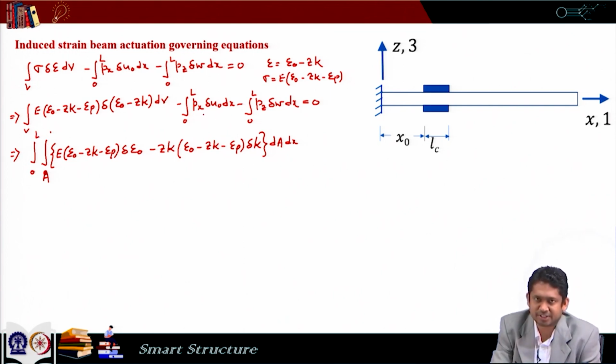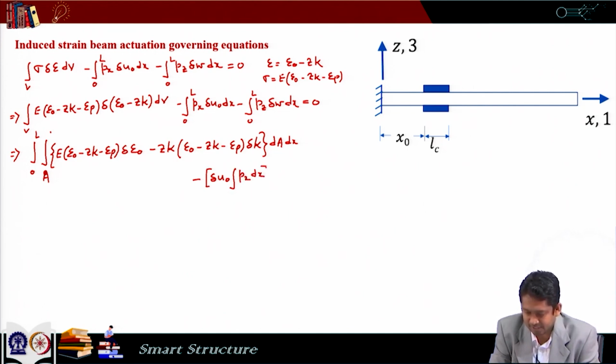Now, while treating this, we will do integration by parts here. So, let us take this first. We have delta of u0 multiplied by the integral of p x dx, the entire thing evaluated at x equal to 0 and L, plus we have the differentiation of this.